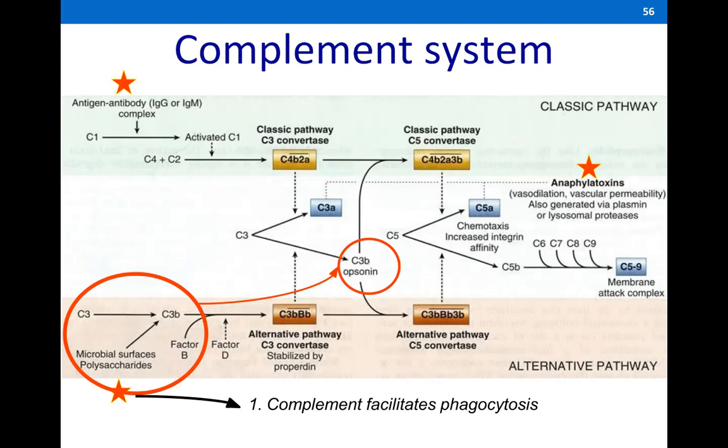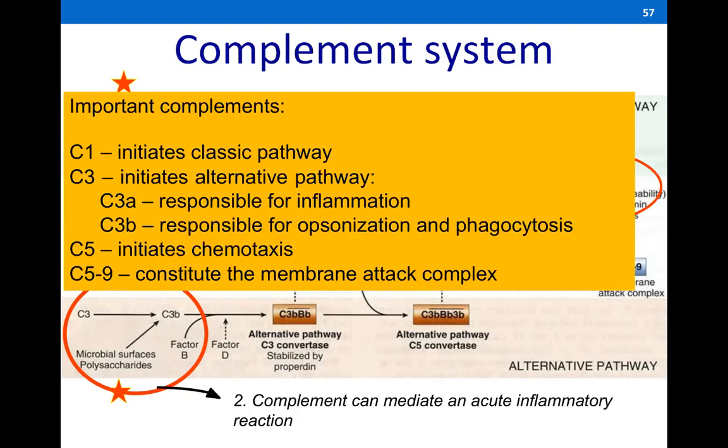Now in this slide, please take note of the important complements. C1 initiates the classic pathway, while your C3 initiates your alternative pathway. C3a is responsible for inflammation, while your C3b is responsible for opsonization and phagocytosis.